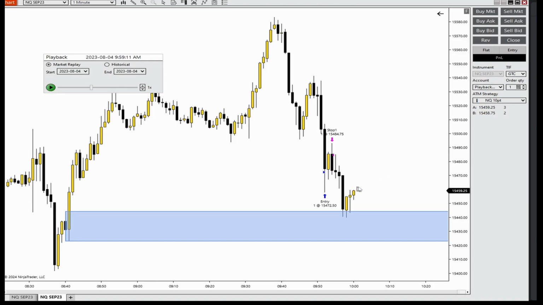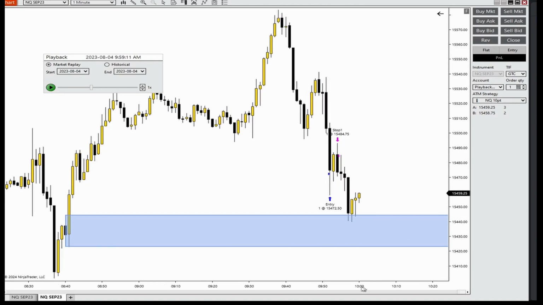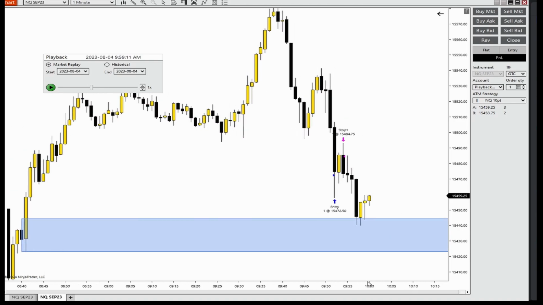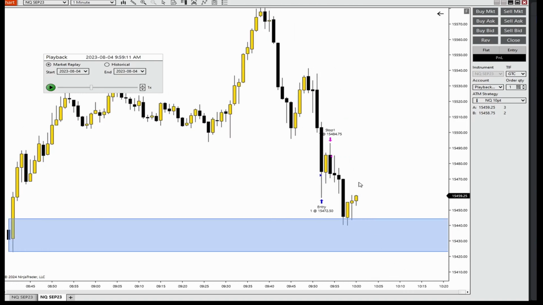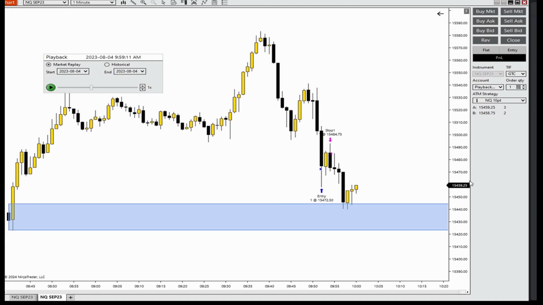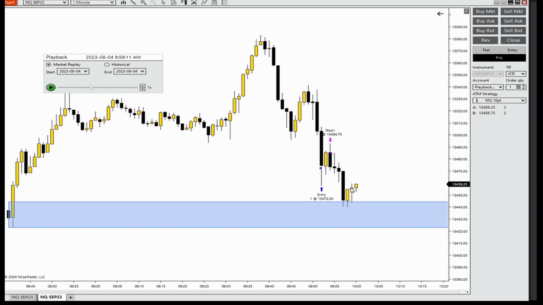Disrespecting is a closure above them. Filling them is additional information compared to something like this that didn't get filled. Right? But this is not disrespecting this imbalance here.